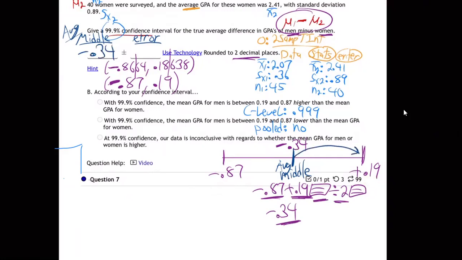And then the error amount is the amount you go forward and backwards. In other words, we're saying the middle of the interval, we're 99.9% confident that the difference between men and women is negative 0.34, give or take a certain error amount. And how much error amount is that?